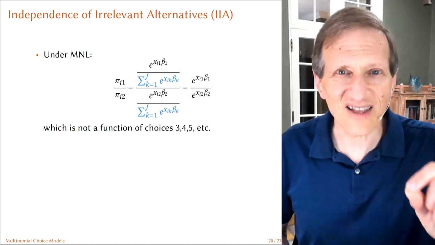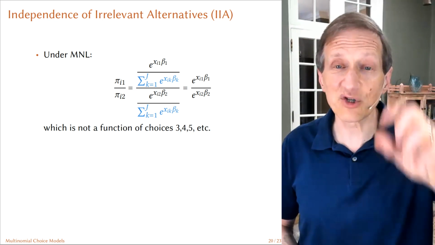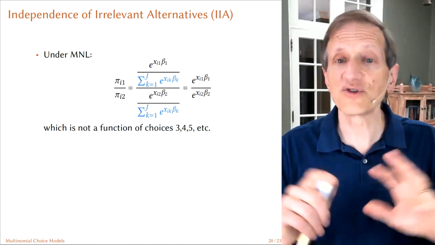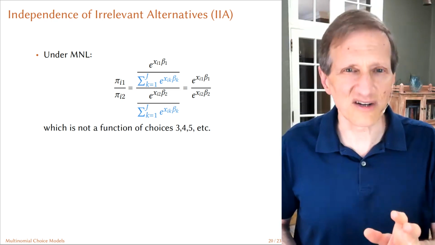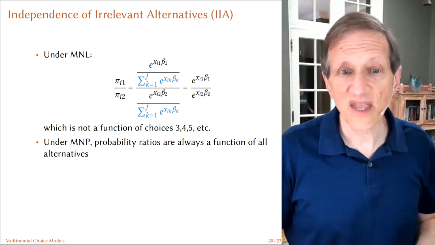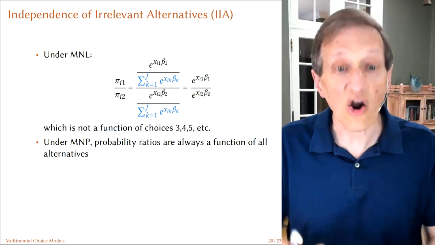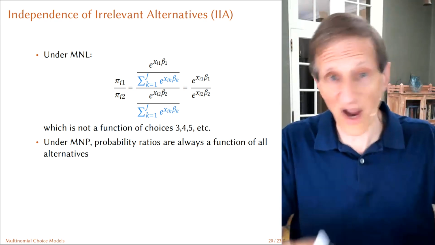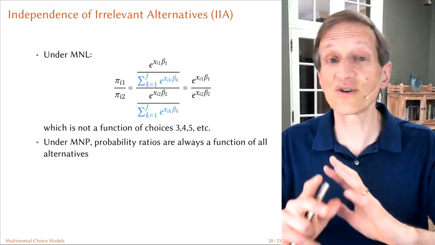But the big deal is that the ratio of the probabilities of choosing option 1 and option 2 are not a function of choices 3, 4, and 5, or however many there are. That's pretty important. So it's independent of other alternatives. Under multinomial probit, the probability ratios are always a function of all the alternatives. Okay? Maybe not the right ratio, but they're still a function. In multinomial logit, they're not a function at all.